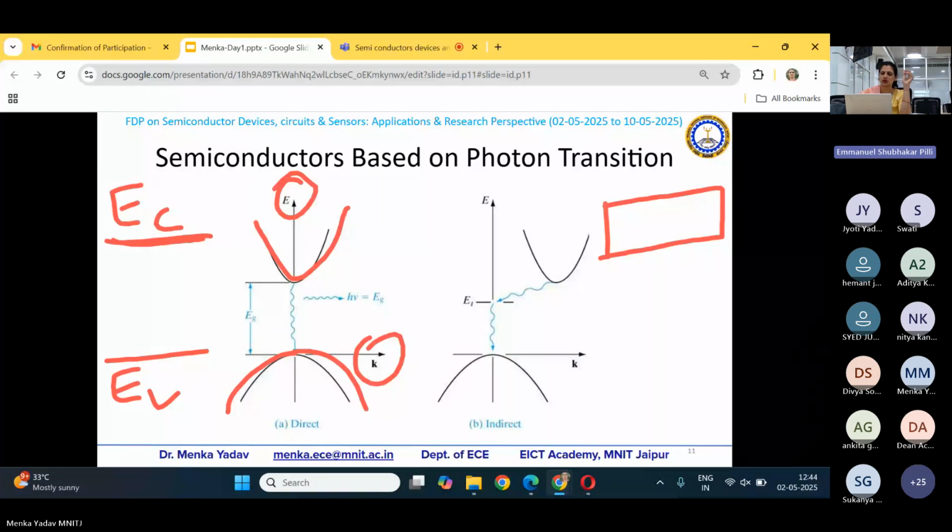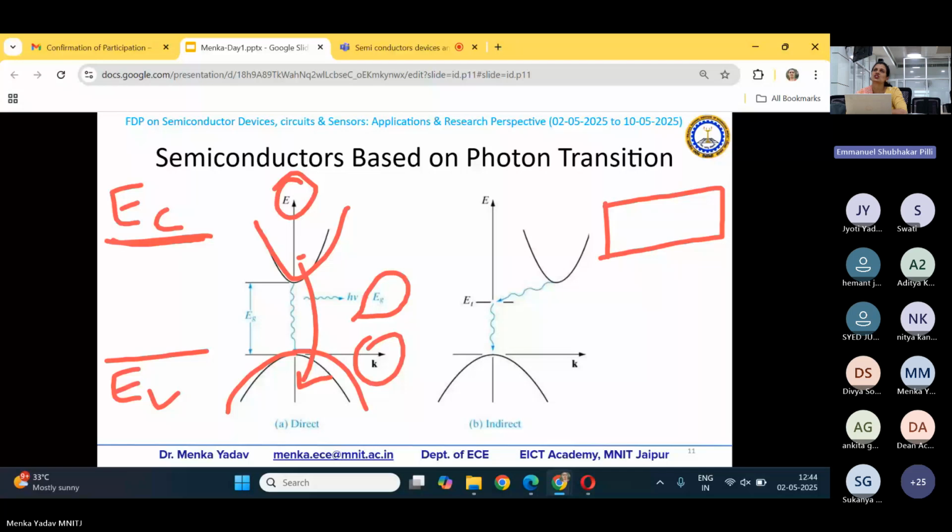It means the electron coming from here will jump here all together and it will release energy E equal to h nu. So you can see over here, this is the band gap, right? So band gap means it is going to release that energy.